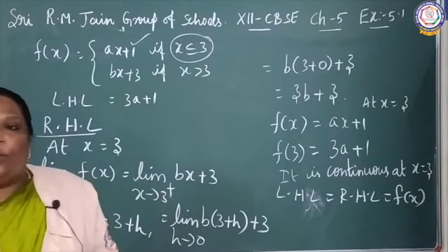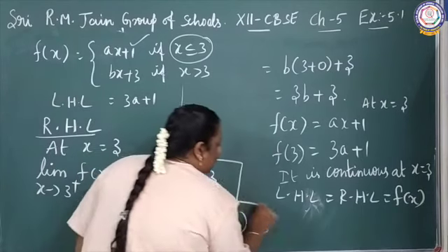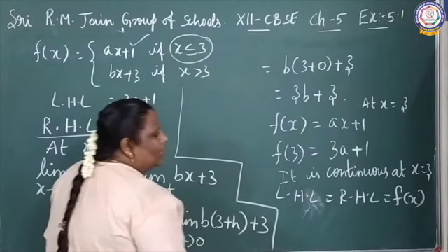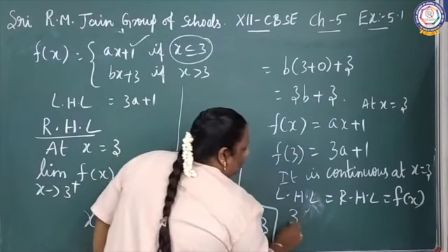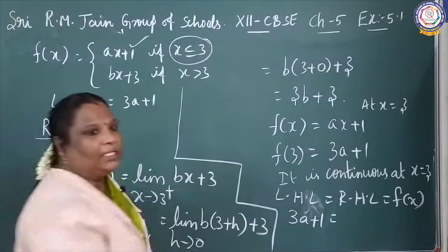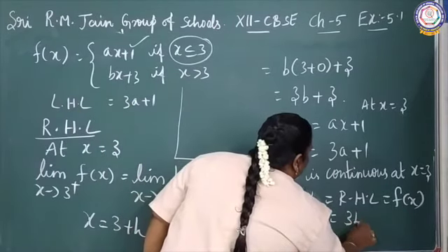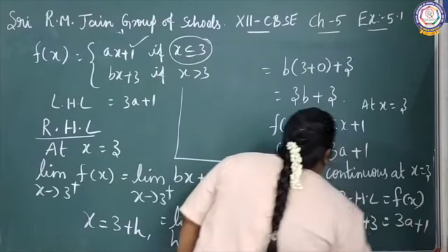Left hand limit is 3a plus 1, right hand limit is 3b plus 3, so 3b plus 3 equal to 3a plus 1.